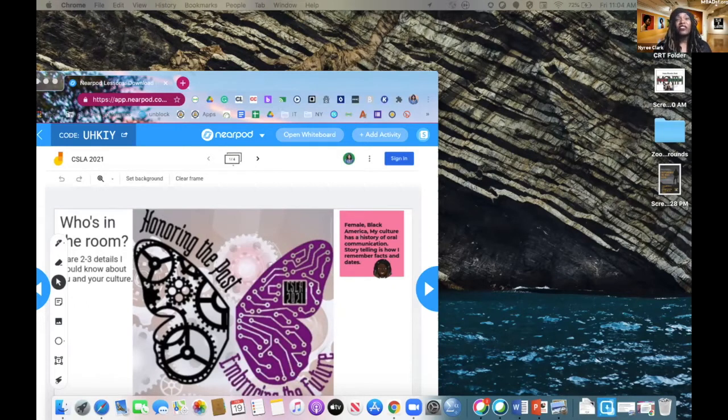Over here on the side, if you haven't used Jamboard before, on the left side, you have your toolbars. Underneath the arrow, there is a sticky note. You can click that sticky note and you are able to add your thoughts here. When you add your thoughts, you click save and it will populate for you. Then you can click and drag this idea anywhere you want.